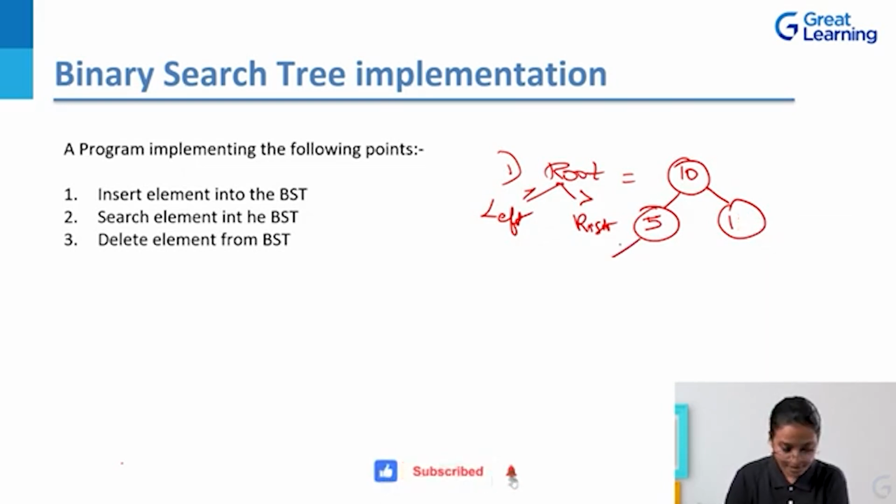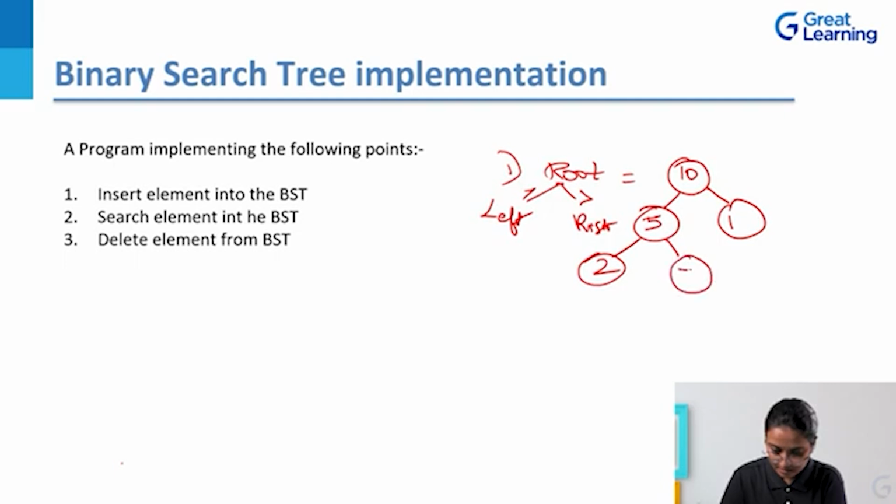After that, if you want to continue to the next level, you have to follow the same condition. For now, just for reference, 5 is the root node. Anything lesser than 5 should be towards the left side, and anything greater than 5 should be towards the right side.